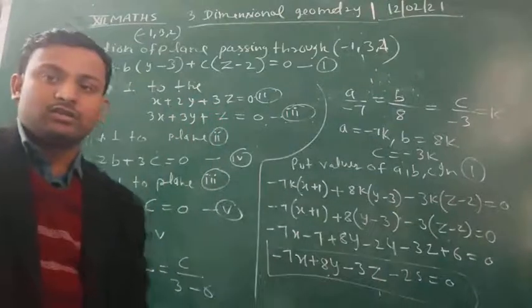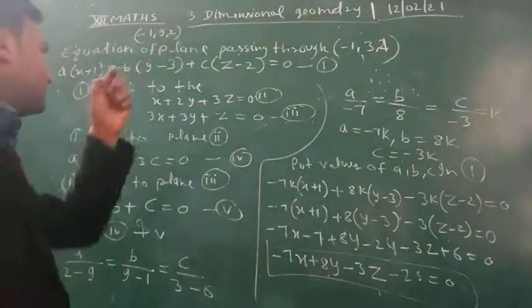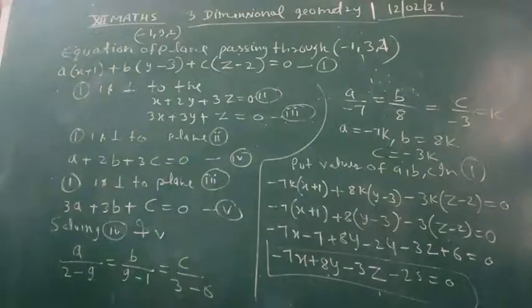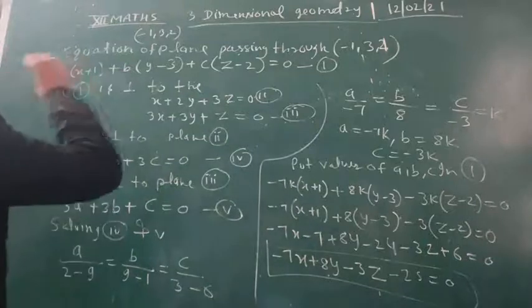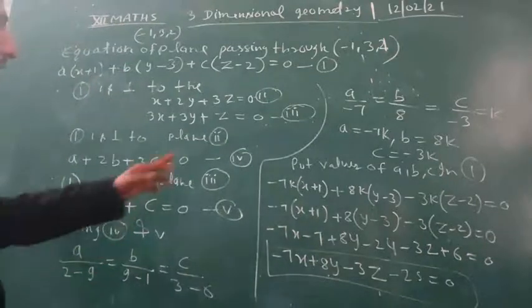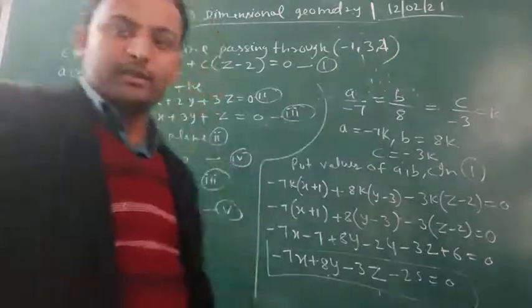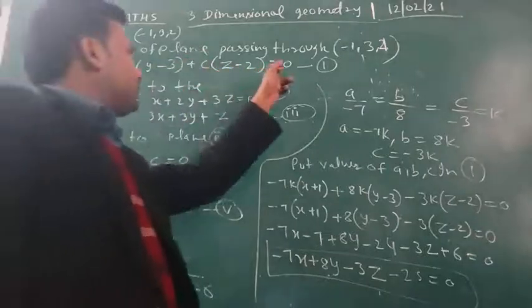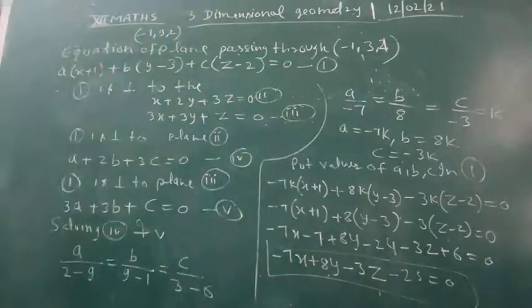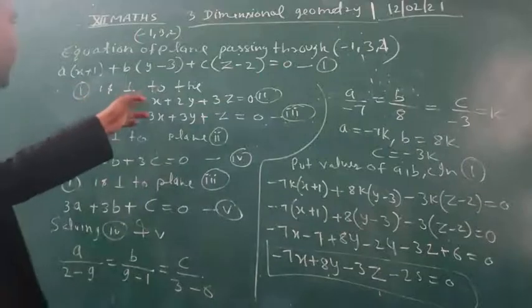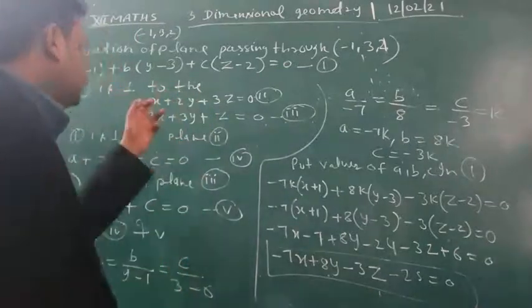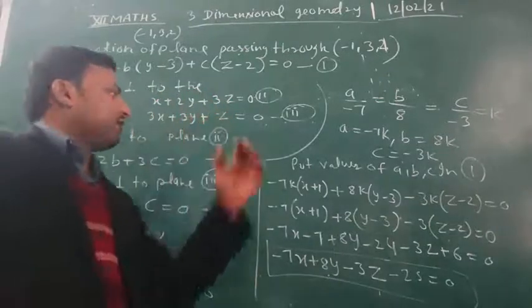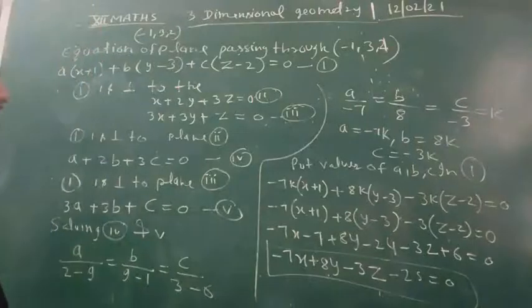Our equation first is the equation of the plane passing through the point minus 1, 3, 2, given by a(x plus 1) plus b(y minus 3) plus c(z minus 2) is equal to 0. Equation 1 is perpendicular to the planes x plus 2y plus 3z is equal to 0 and 3x plus 3y plus z is equal to 0. This is equation number 3, students.